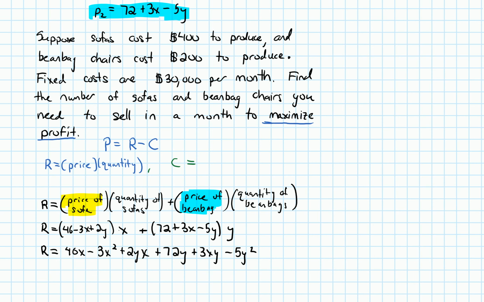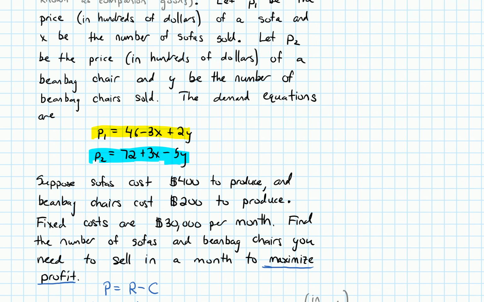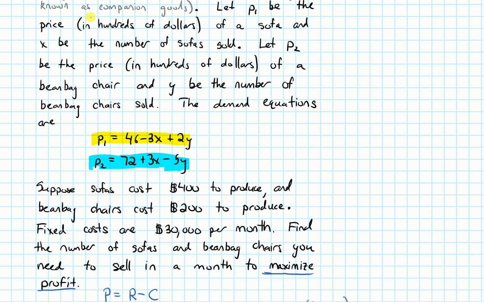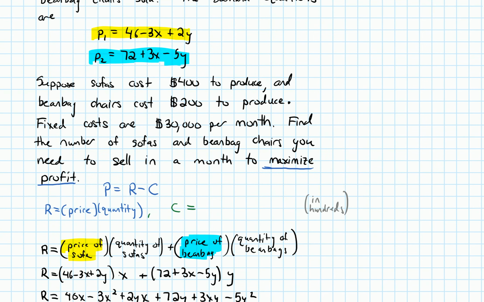But remember that our costs are going to be in hundreds, because that's what the question says at some point. Yeah, it says the prices were in hundreds of dollars, so let's stay consistent with those units. Okay, so first let's do cost of sofas.